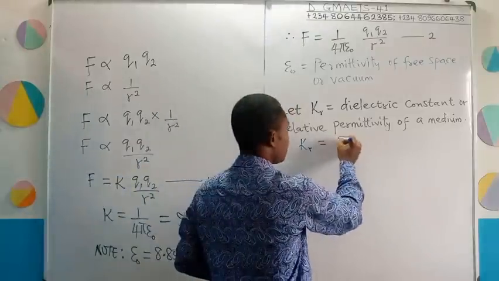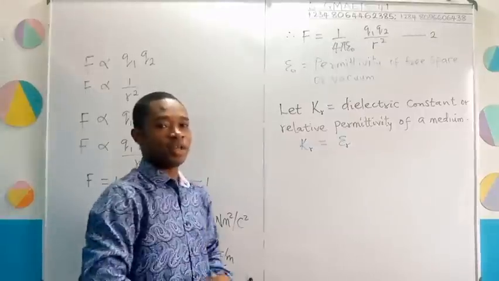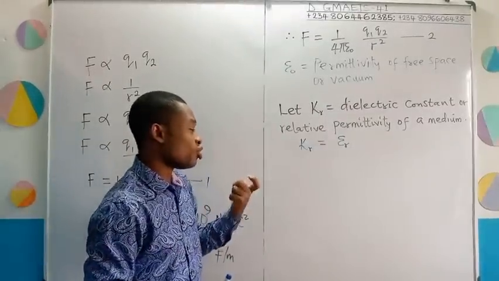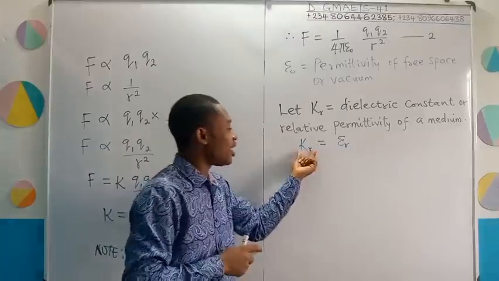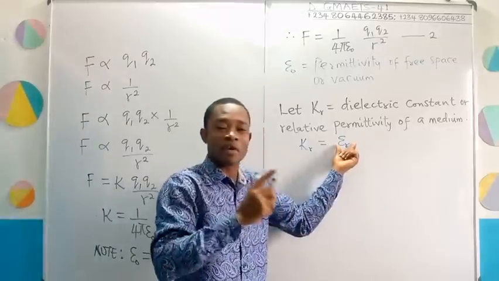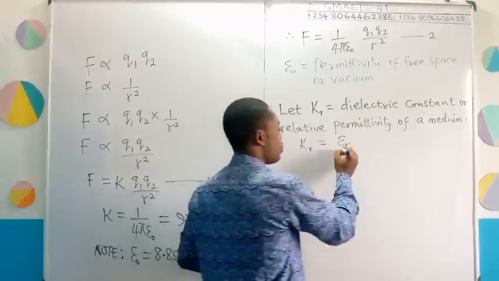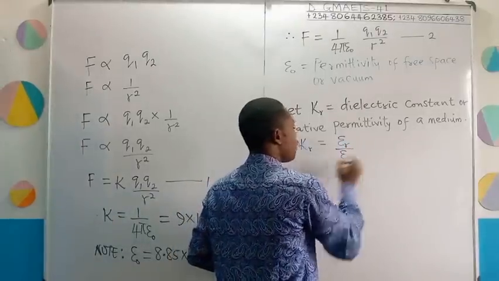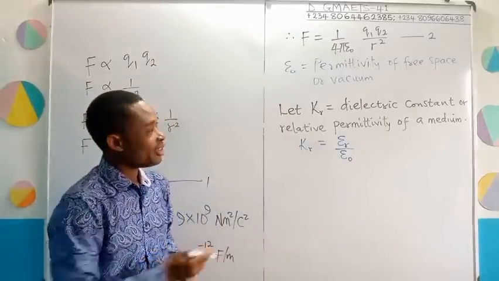So the formula is, permit me to use subscript R here, epsilon R as numerator and epsilon naught as denominator. What I try to achieve here with all these symbols is this: the dielectric constant of a given medium is equal to the permittivity of that medium, divided by the permittivity of free space or vacuum.